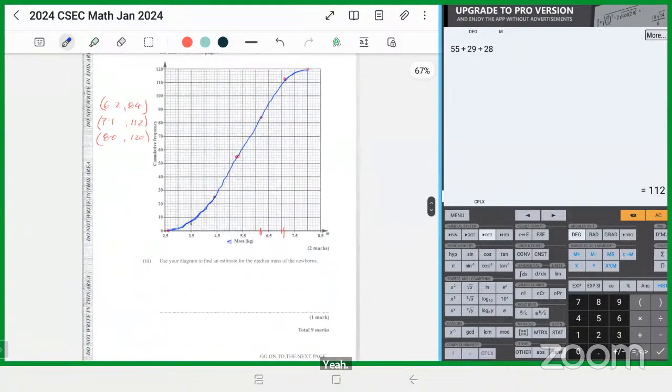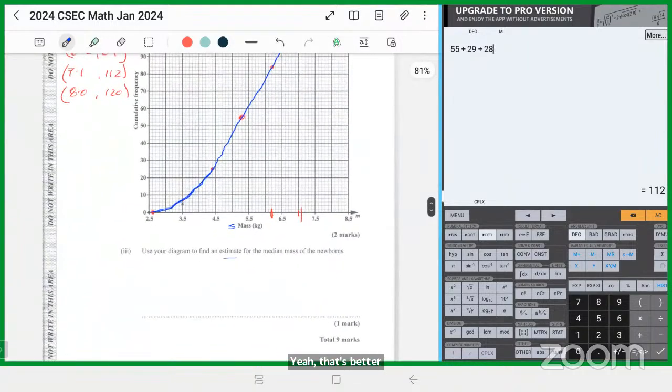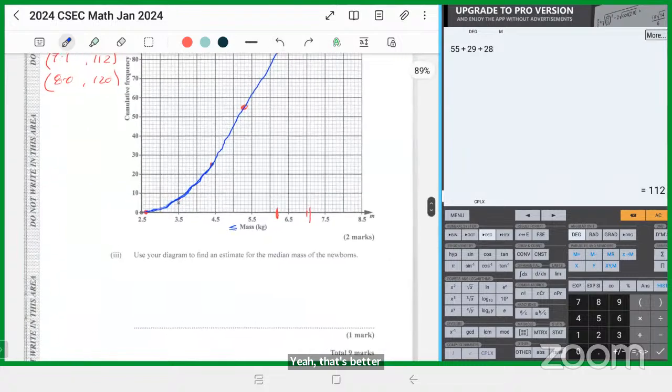What I want us to do, it says use the graph to estimate the median. So the median is the weight of the 60th baby. It's an estimate. Some people say you must go to the half of the n+1 term, but when it's grouped data like this, you're estimating, so it's okay to go for the weight of the 60th baby.